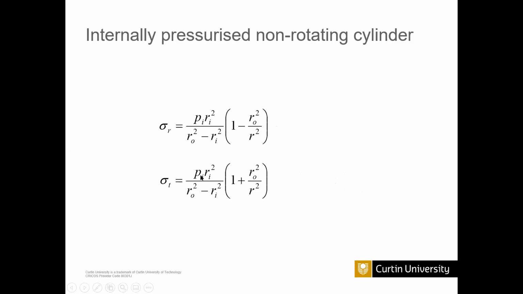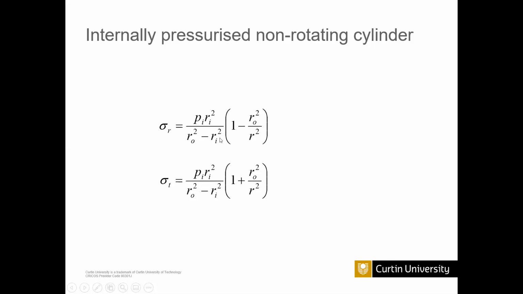Then we can use the boundary conditions and find the stresses at the boundaries. What happens if R equals Ri and R equals R naught? At R equals R naught, this term will be 1, so sigma R will be 0. And in the tangential stress, at R equals R naught this term will be 1, so it is 2 Pi Ri squared over R naught squared minus Ri squared.